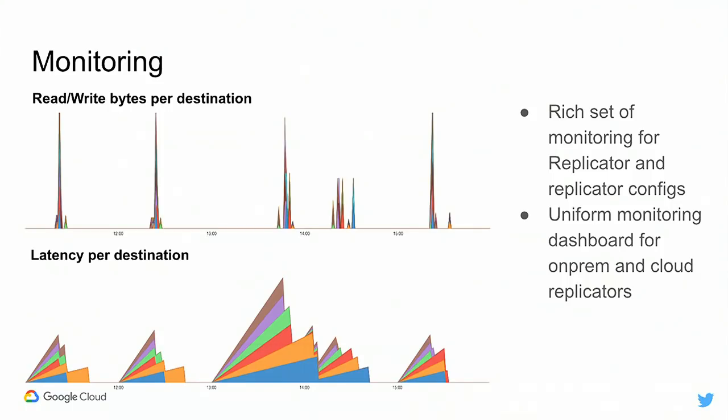Since it's just another instance of replicator, we use the same monitoring tools. In this case, we are showing for a particular category the read-write bytes and the latency of replicating from source to destination. One of those colors is just another cloud replicator for us.